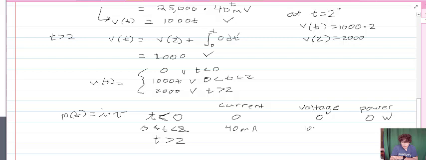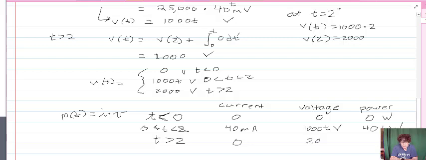So multiplying the 1000 times the milli, those cancel each other out. And then for t greater than 2, we have the current is 0, and the voltage was 2000. But 0 times 2000 is 0, so our power is 0.